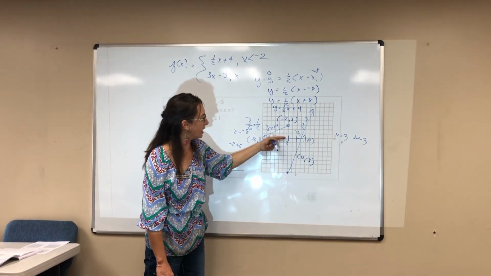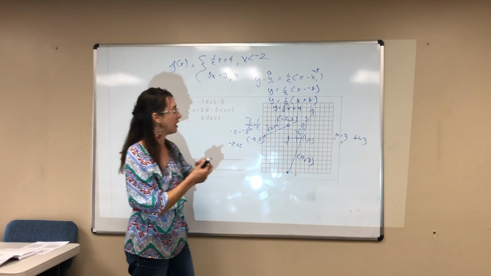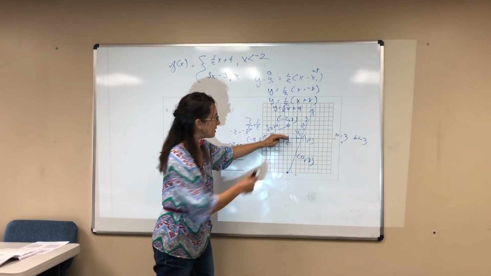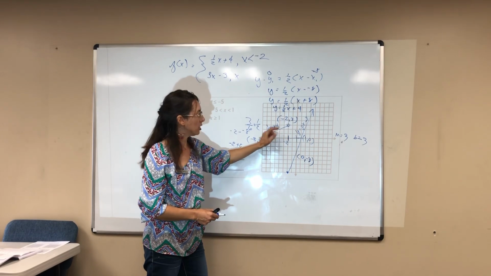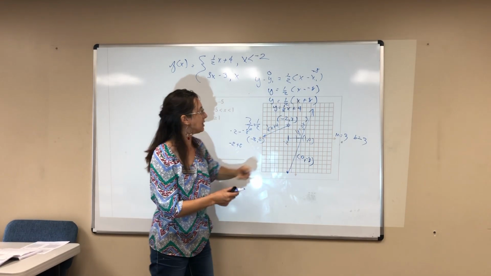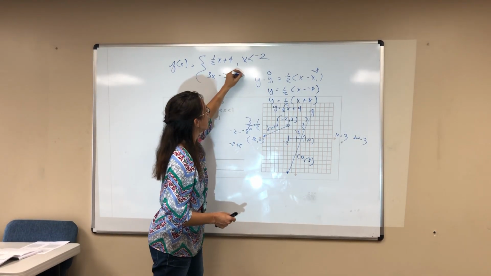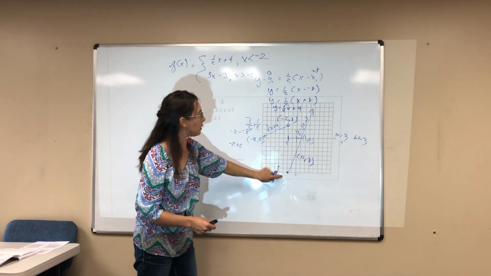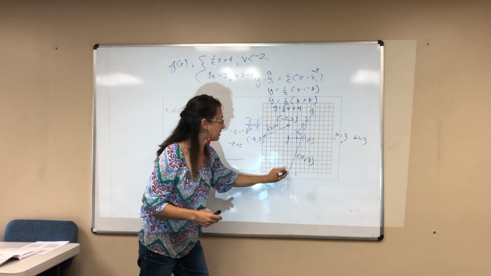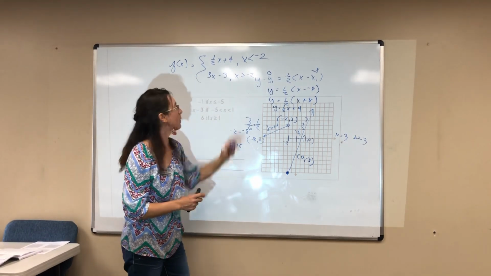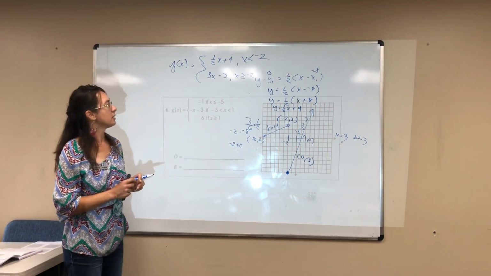We're asking a question: if I pick a value on this x-axis, can I find a y for it? Yes. So it's anything greater than -2. Is -2 included in this graph? Yes, because it has a filled-in circle, so greater than or equal to. Perfect.